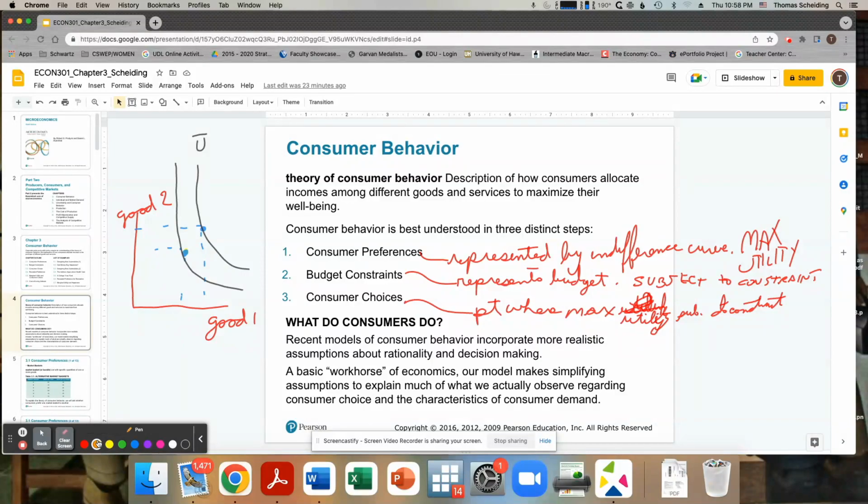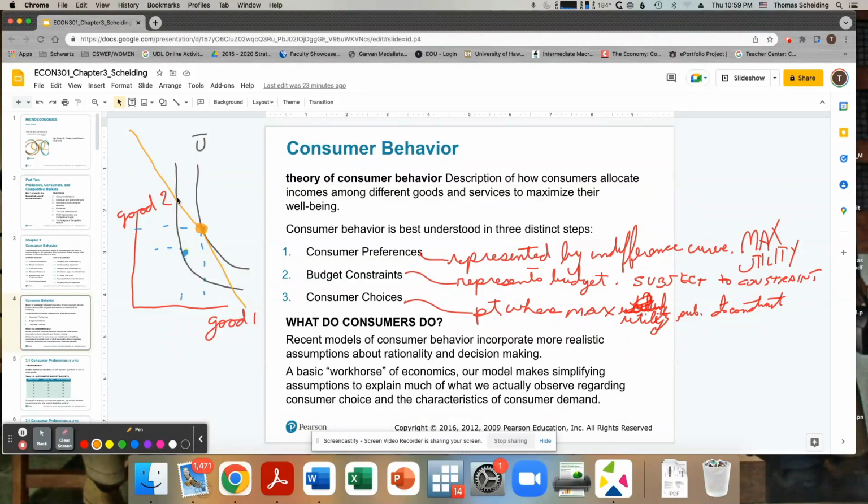But there's also a budget constraint, which represents me spending all of my income on these two different goods. And do you see that point right there? That's step 3, where I'm seeking the highest indifference curve, this one right here, that's meeting the budget constraint.